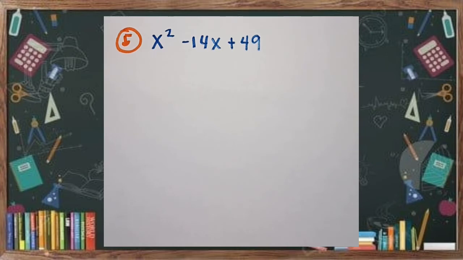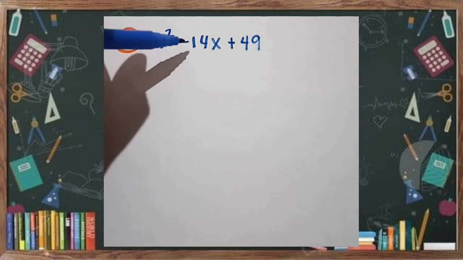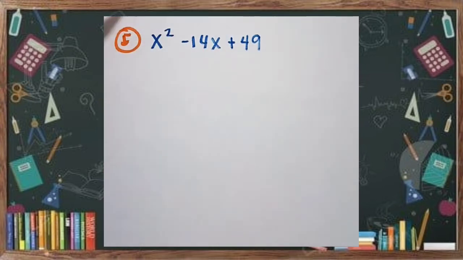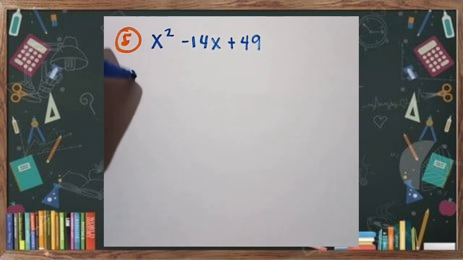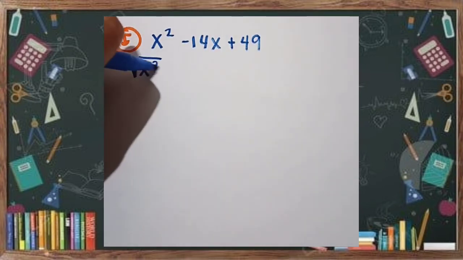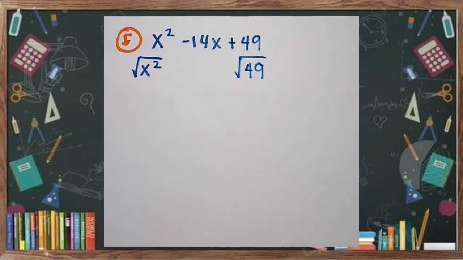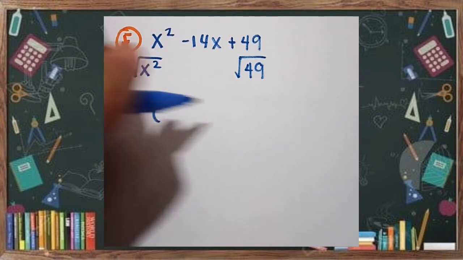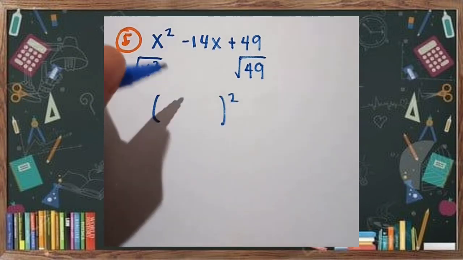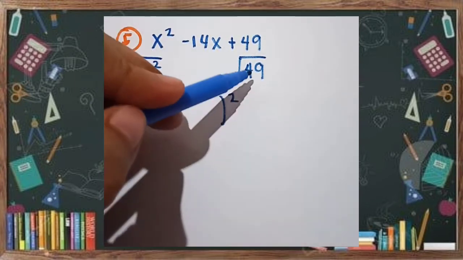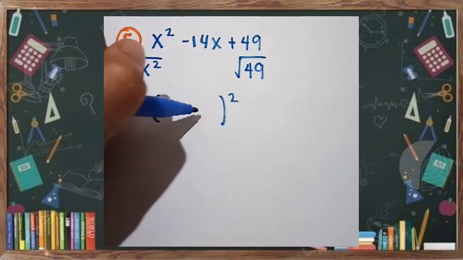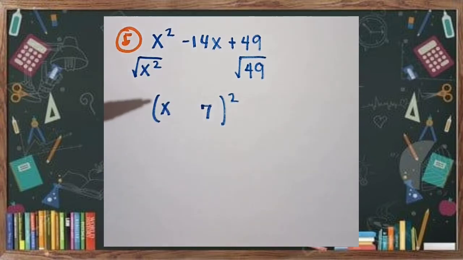Okay, so let's have another example. So, our given is x squared minus 14x plus 49. So, we need to first get the square root of the first term and the third term. Okay, so what is the square root of x squared? So, x. And what is the square root of 49? So, it is 7.